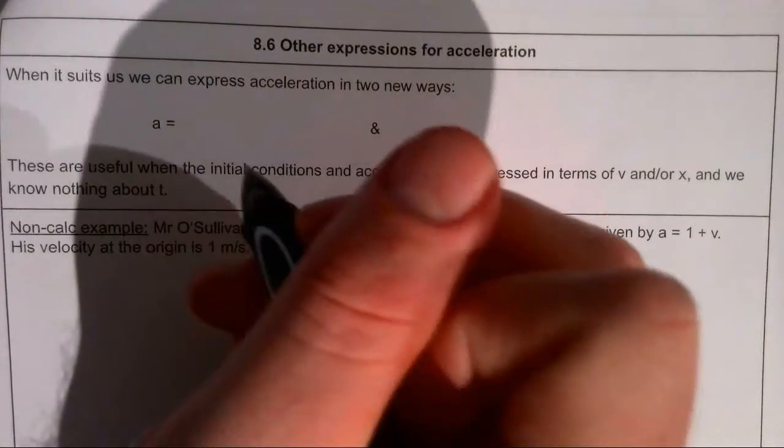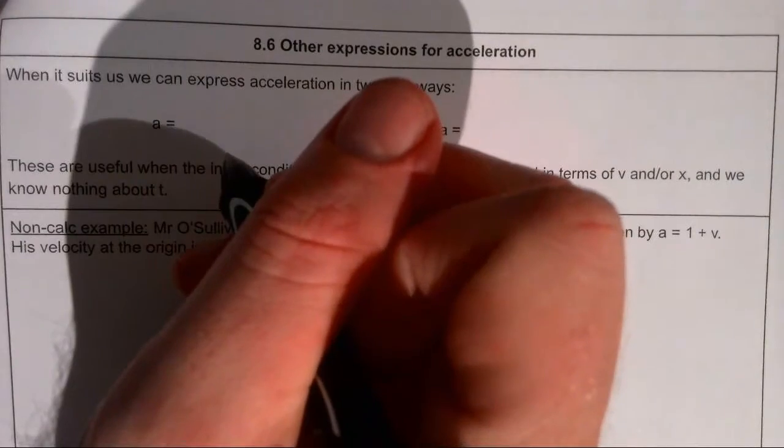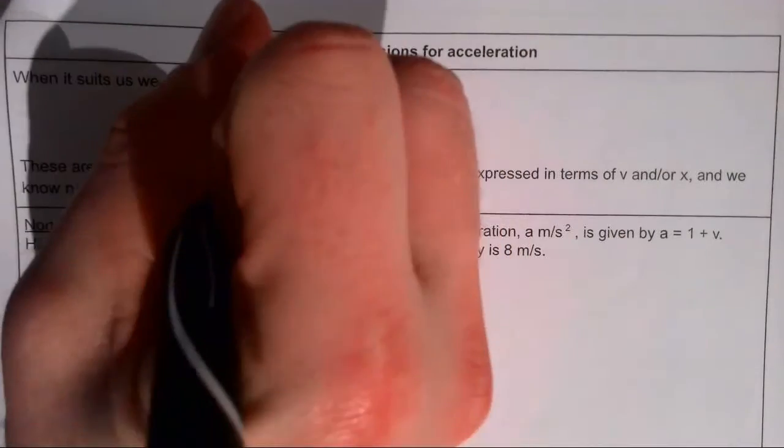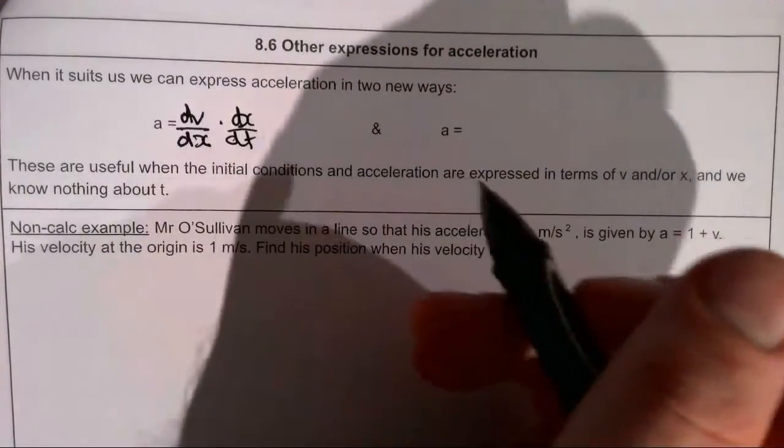So if we know that acceleration is dv by dt, that would be the same, using the chain rule, as dv by dx times dx by dt, and dx by dt is just the same as velocity.